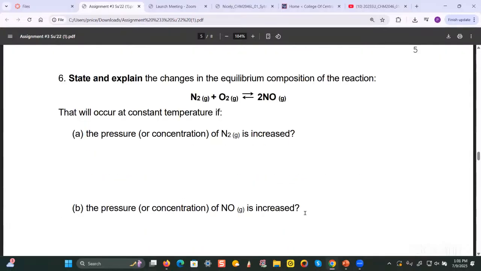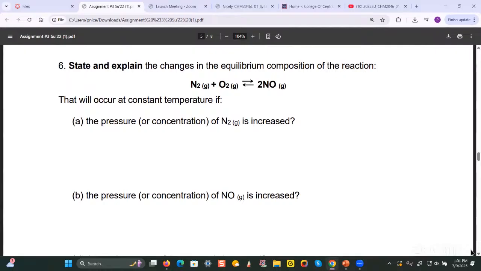Oh, okay. So they gave you this equation here, right? And they're giving you different changes, and you're to predict. It says state and explain the changes. So this is the equation given, and the temperature is constant, so there's no change in temperature, right?